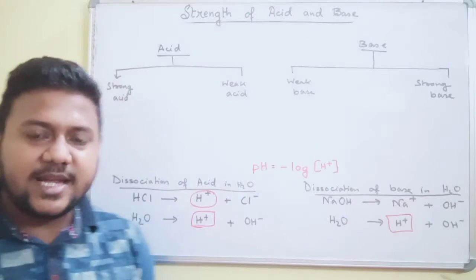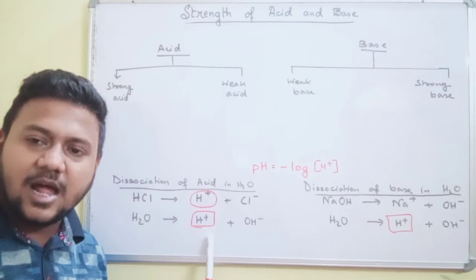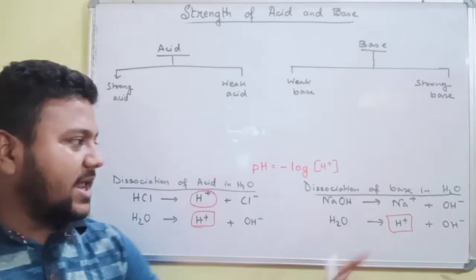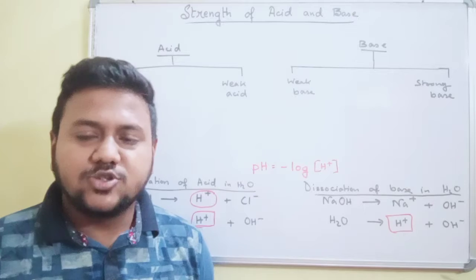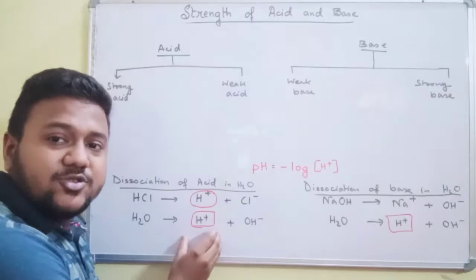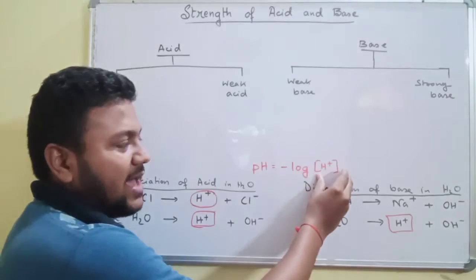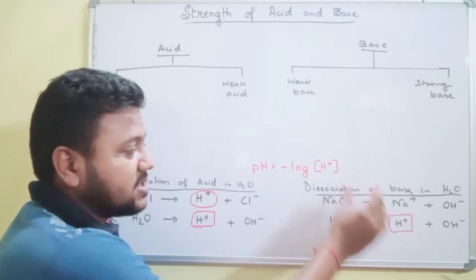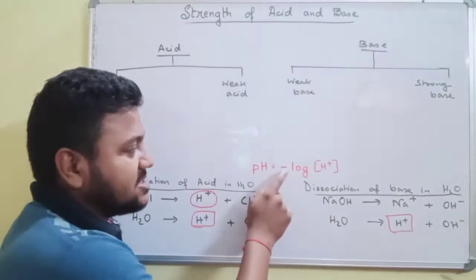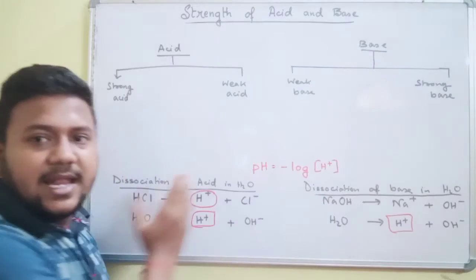Now we know that an acid will dissociate in larger amount, giving a larger amount of H+ ions, whereas in case of base we will have the least amount of H+ ions. So the hydrogen ion concentration of acid will be more than that of the base, and hence because of the negative sign the pH will be less.